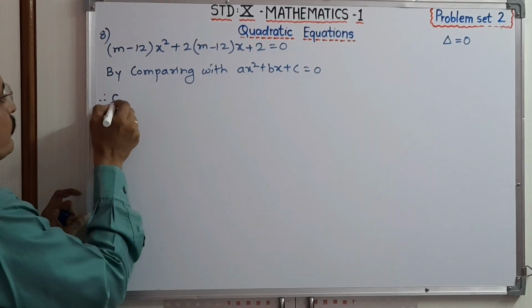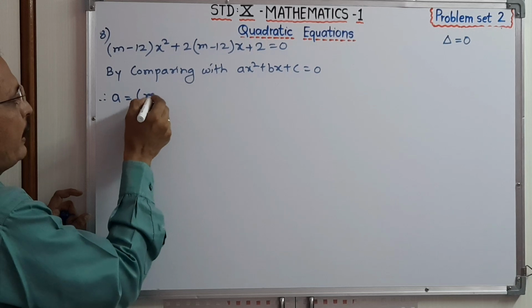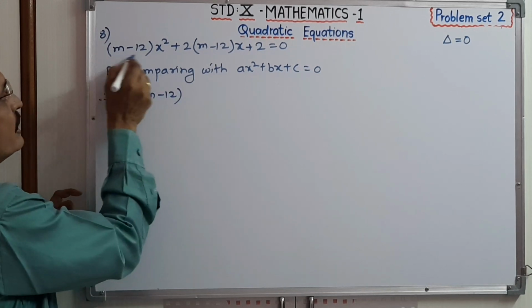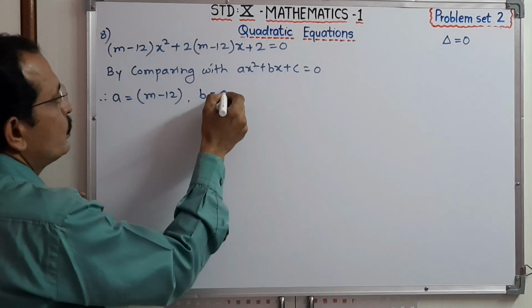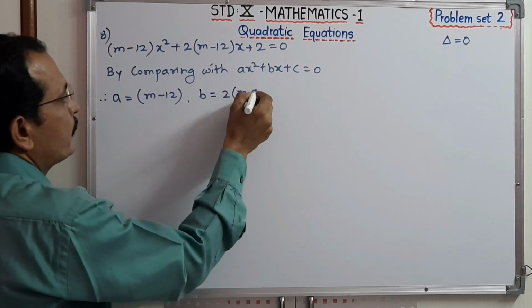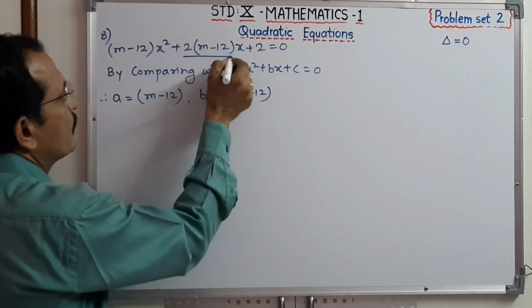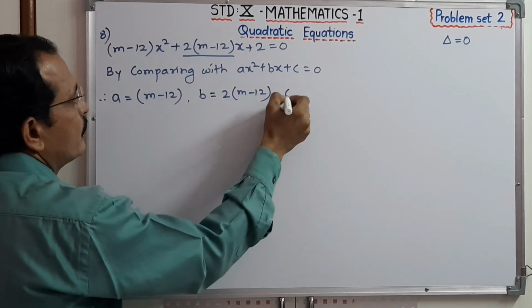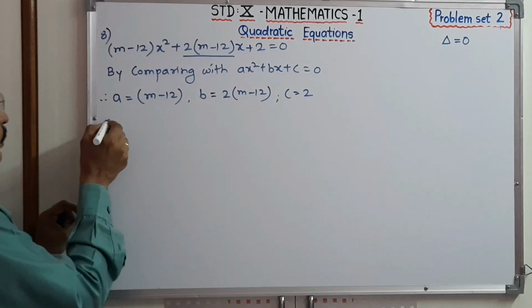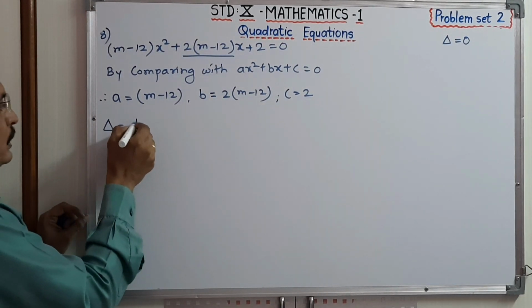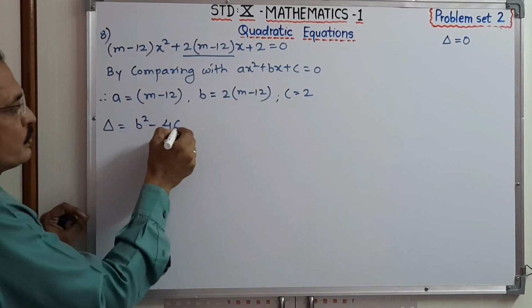Now therefore a is equal to m minus 12. This is a. What is b? b is equal to 2 into m minus 12. This is the value of b. And what is the value of c? Is equal to 2. Now delta b square minus 4ac.